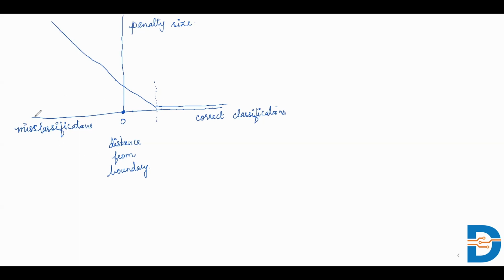What does this specify? This is the hinge loss. For all correct classifications which come with enough marginal distance, the hinge loss is almost 0. But when the distance from the decision boundary decreases, even for a correct classification, you can see the penalty increasing. The hinge loss increases. And for all the misclassifications, you're going to have more hinge loss.